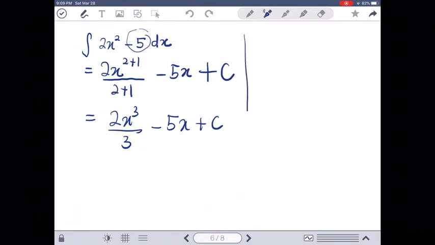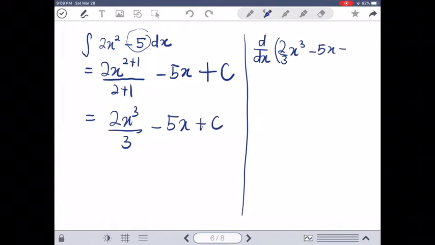Just to check the answer, let's try to differentiate this function. So we will try to differentiate 2 over 3 x to the power of 3 minus 5x plus c. If we differentiate here, remember how to differentiate?